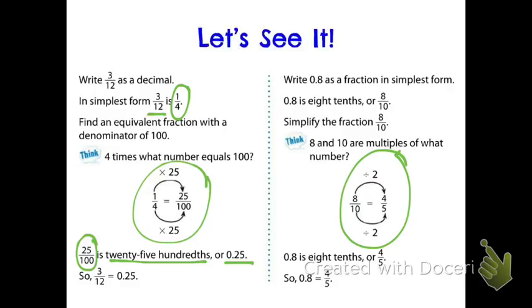So I think to myself, what number goes into both 8 and 10? Well, if they're even, it means I can divide by 2. So I divide both the top and the bottom by 2. 8 divided by 2 gave me 4. 10 divided by 2 gave me 5. So 8/10 as a decimal is equal to 4/5 in simplest form as a fraction.